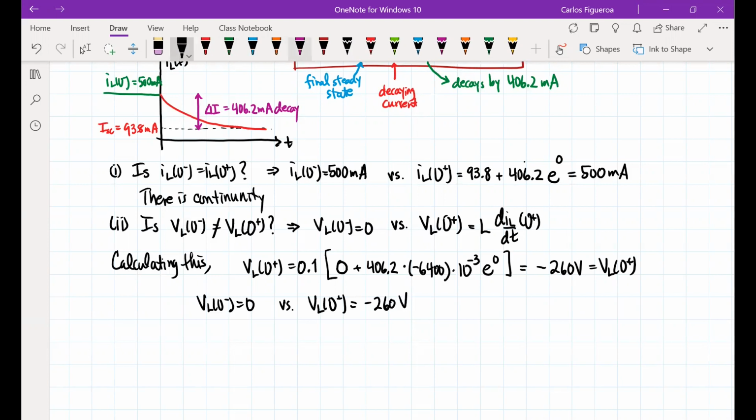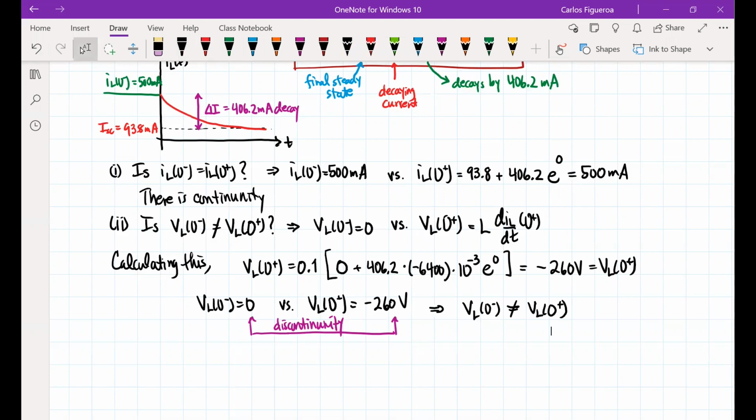And you can see here that when I compare these two values, there's a discontinuity that occurs. So the inductor voltage will change instantaneously. This tells us then that VL of 0 minus is not equal to VL at 0 plus, as expected.